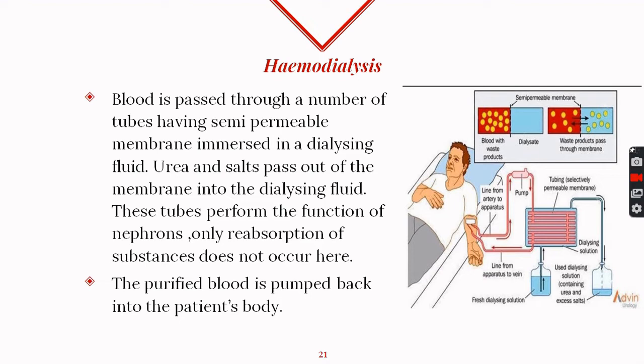It can be done by the process of dialysis or hemodialysis. In this process, blood of the person is taken out and then it is pumped into a network of tube-like structures. These tube-like structures are made up of a semi-permeable membrane like cellulose or some other synthetic material, and these tubes are kept in a dialysing solution which has the same osmotic pressure as that of blood.